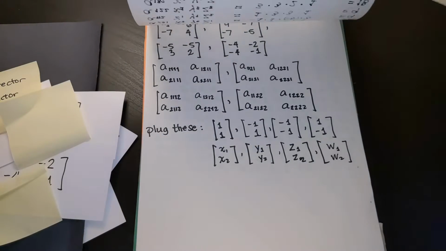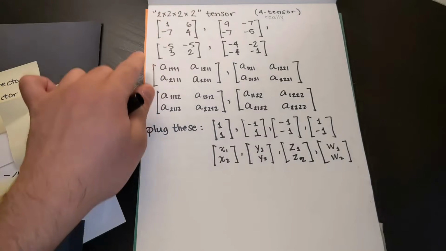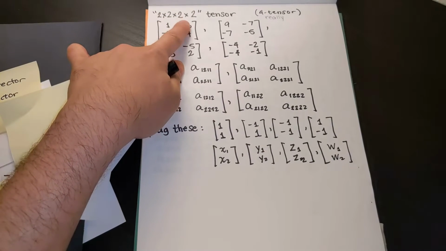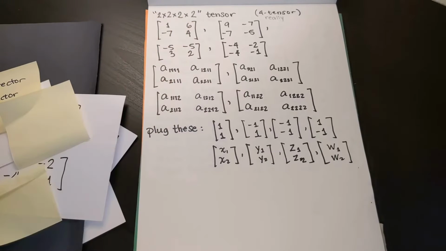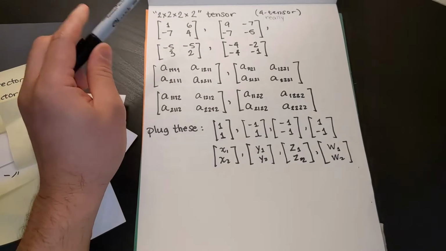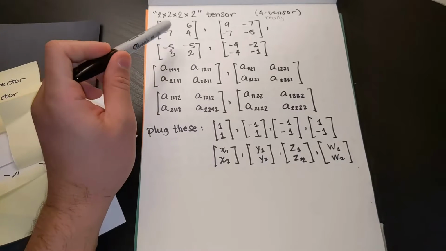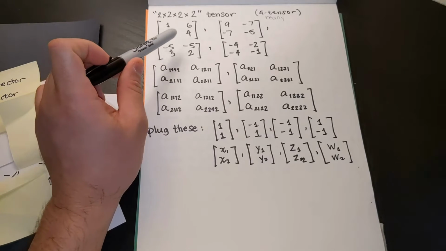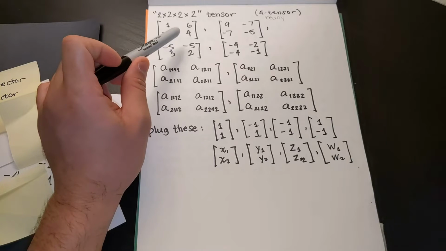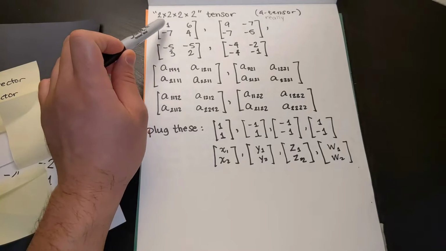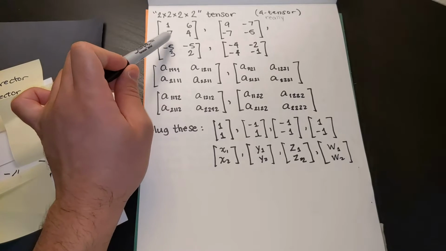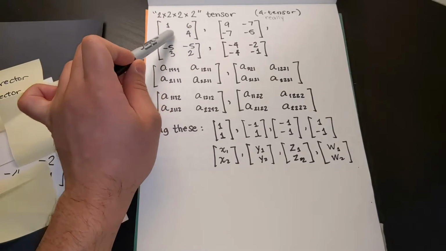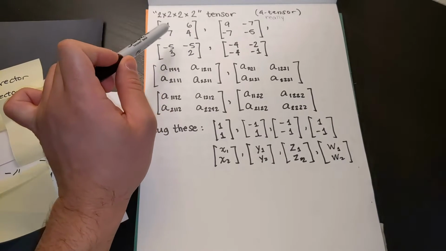Now, what if we have a 2 by 2 by 2 by 2 tensor? Okay, so we do the same thing. We put labels in them. So we should take note of the order. This is the row. This is the column. So 2 columns, 2 rows.